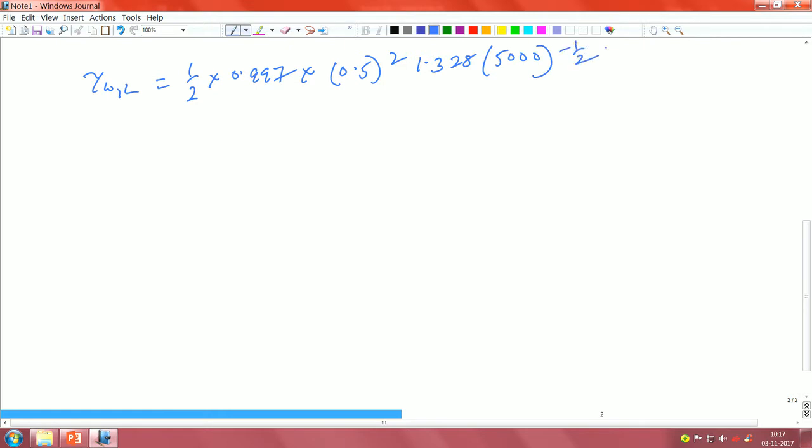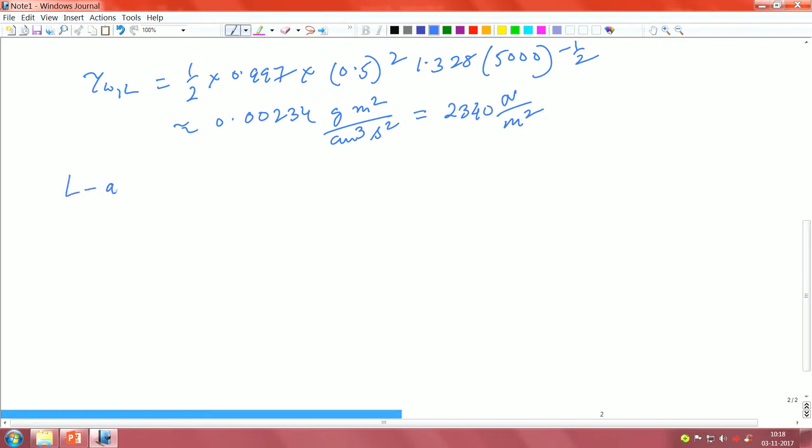It will come out to be approximately 0.00234 gram per centimeter second square. If you convert it to the more traditional unit, it is coming out to be 2340 newtons per meter square.